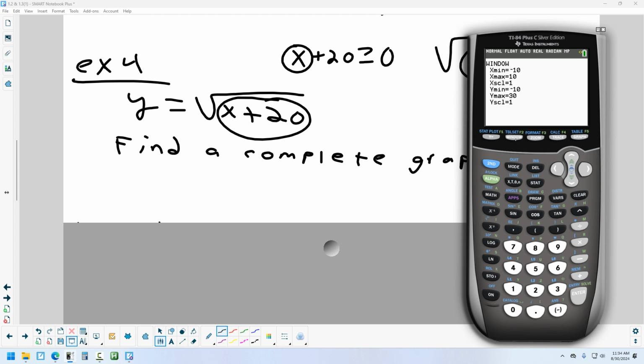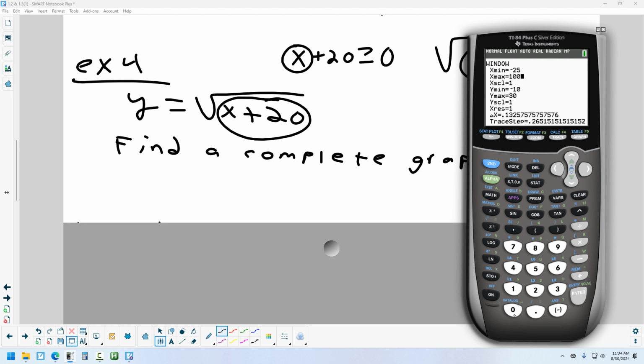All right, so we know we can go as low as -20, and I like to go a little bit past it, so I'm just going to do -25. And how high we go, well, you can go as high as you want. You could plug in 4,000 for x, add 20 to it, and then take the square root of 4,020. So there is no upper limit. Since it keeps going forever, we have to set the window to stop somewhere.